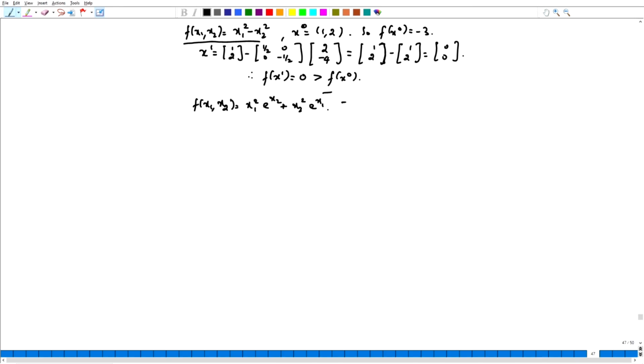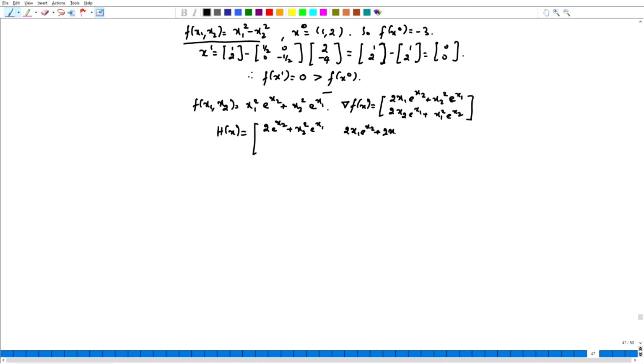And we know that del f of x is (2x1 e power x2 plus x2 squared e power x1, 2x2 e power x1 plus x1 squared e power x2), and h of x is the matrix with entries 2 e power x2 plus x2 squared e power x1, 2x1 e power x2 plus 2x2 e power x1, 2x1 e power x2 plus 2x2 e power x1, and 2 e power x1 plus x1 squared e power x2.